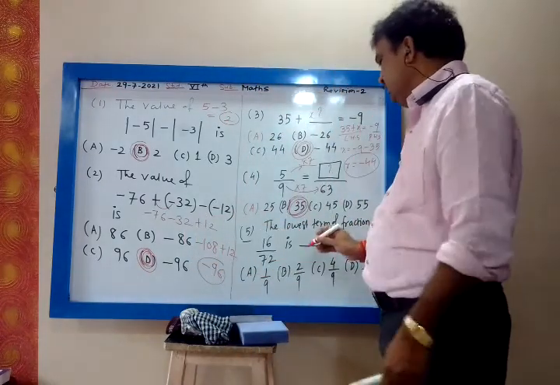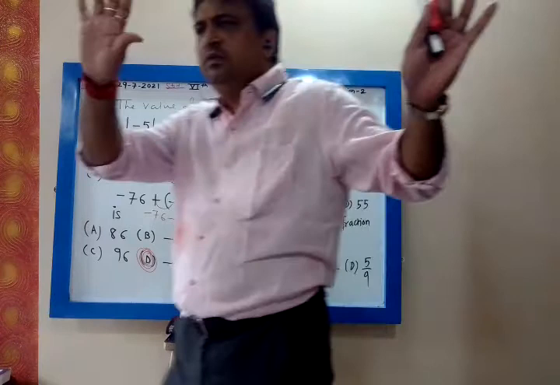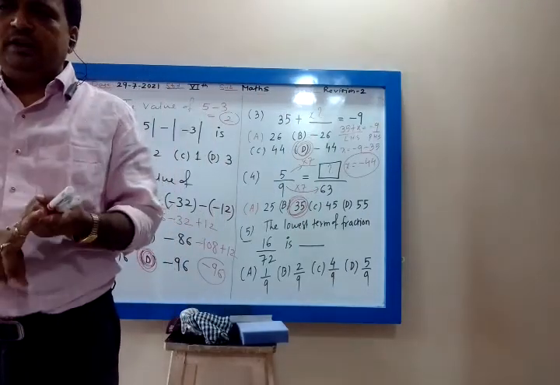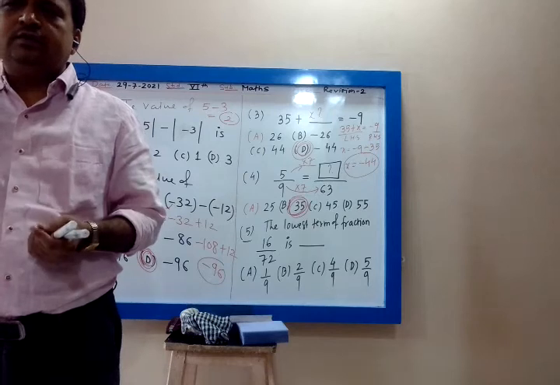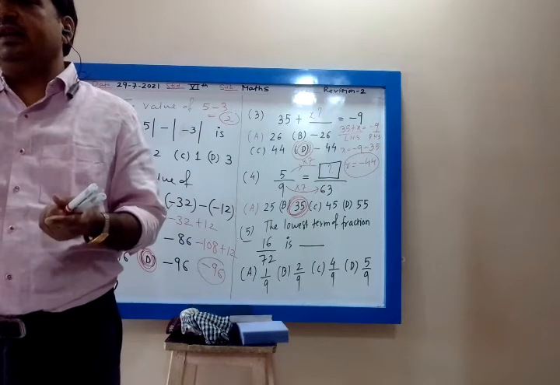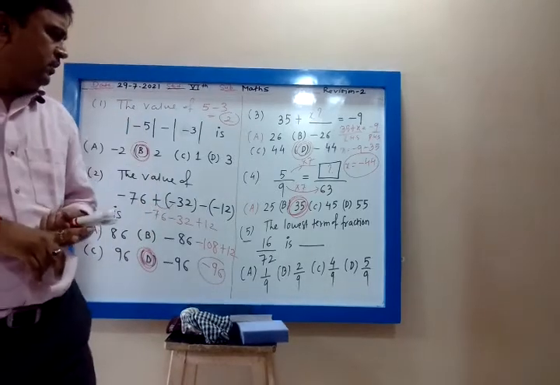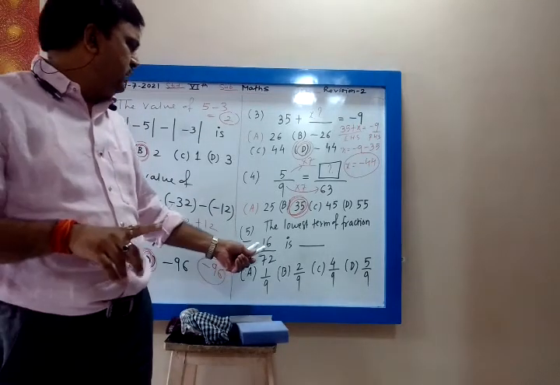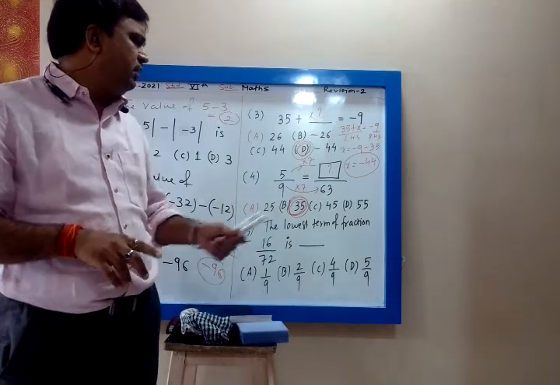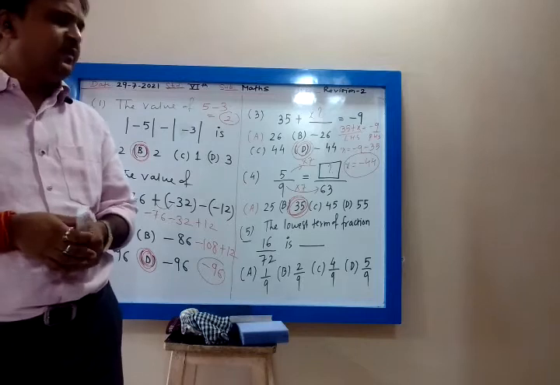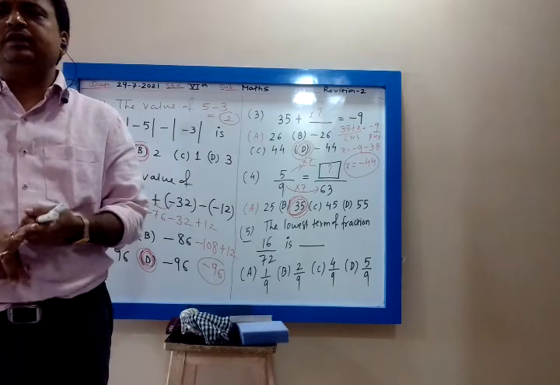2 upon 9. What is it? Wait. 2 upon 9. Okay. See, my dear. No, 16 upon 72. The lowest term of fraction 16 upon 72 is 2 upon 9, Varun Patel.